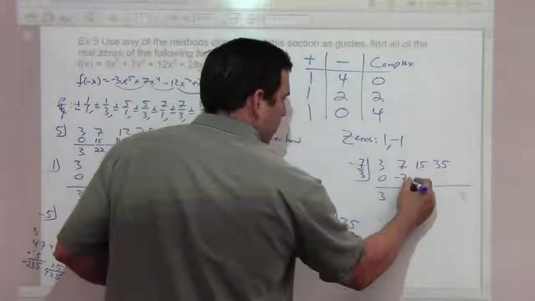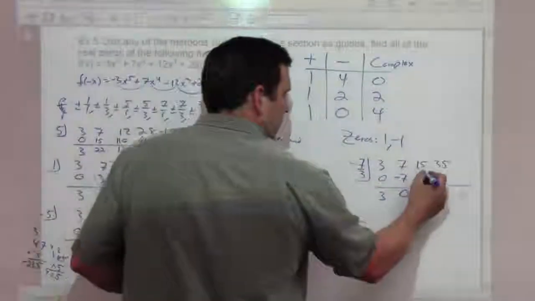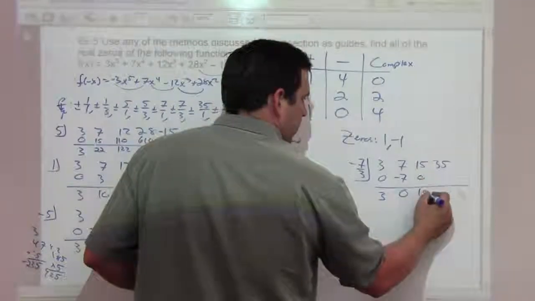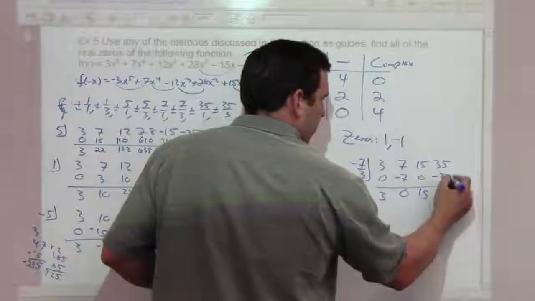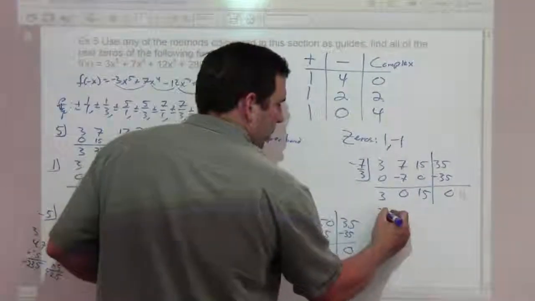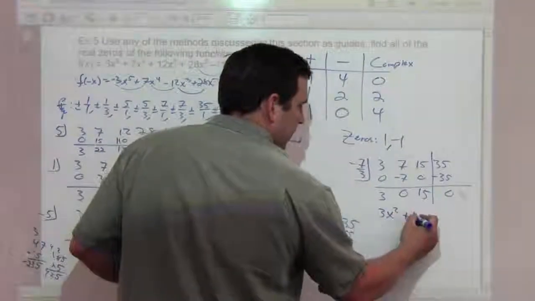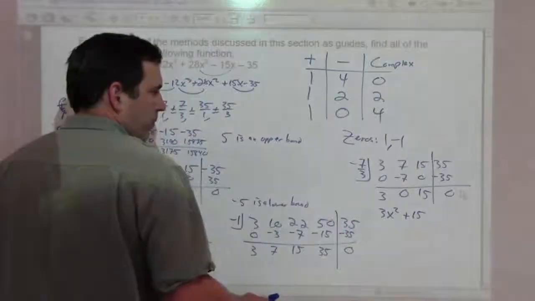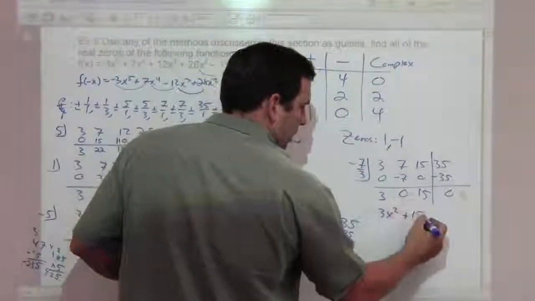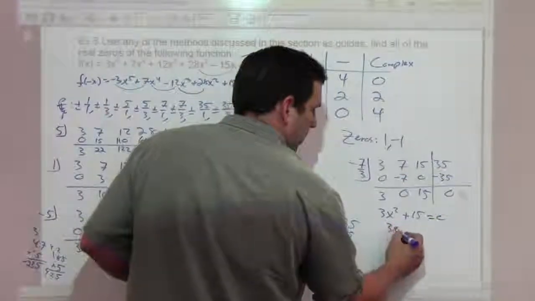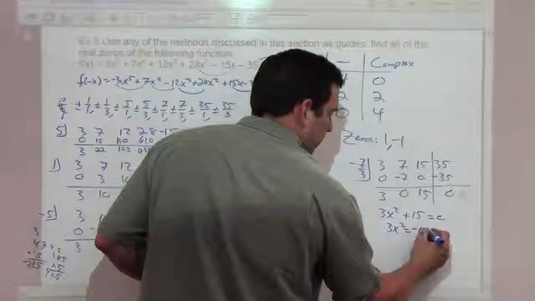It's going to be negative 7, 0, 0, 15, negative 35, and 0. So we're left with 3x squared plus 15. If we set that equal to 0, 3x squared equals negative 15.